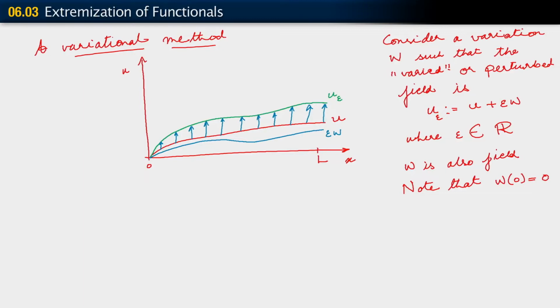With all these leading hints, and given the fact that W itself is a field which satisfies W at 0 equals 0, it should tell you something about the space that W belongs to. Observe that as drawn, W belongs to the space that we've been denoting as V, which consists of all W such that W at 0 equals 0.